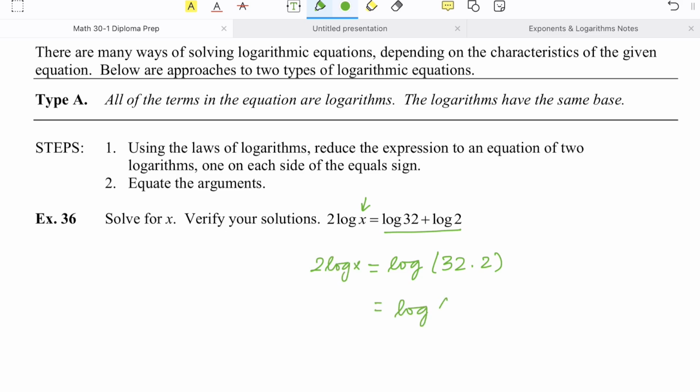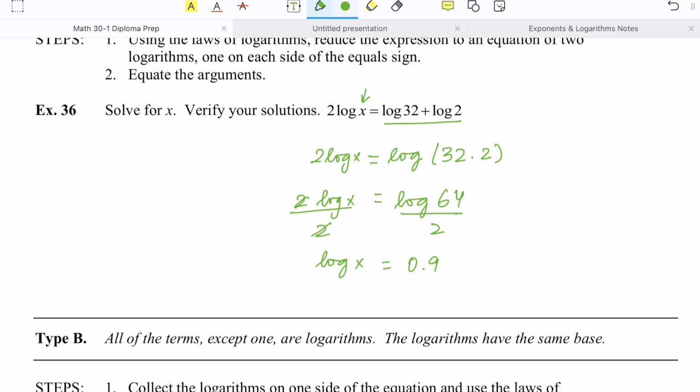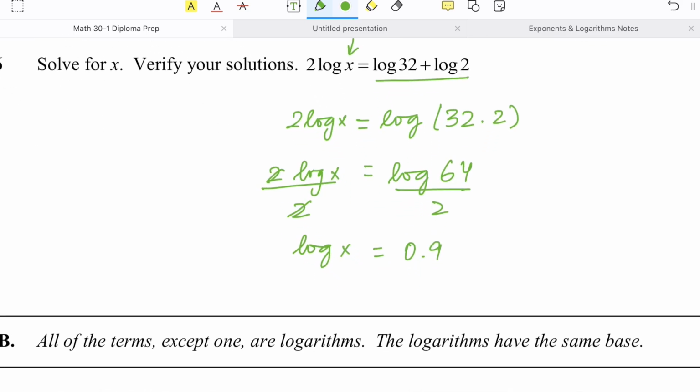Log 64 equals 2 log x. Let's isolate our log. We're going to do that by dividing by 2. Log 64 divided by 2 is log x is equal to 0.9. Okay, and then if you want to solve it, we can convert it into an exponent because our base is 10. So it'll be 10 to the 0.9 is equal to x.